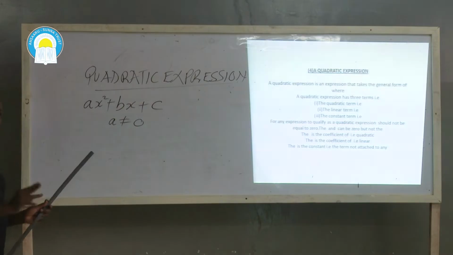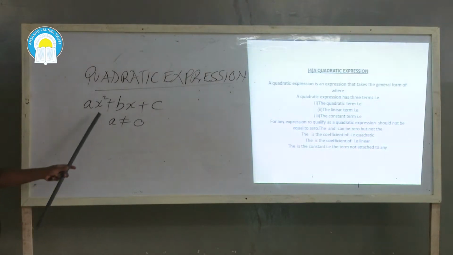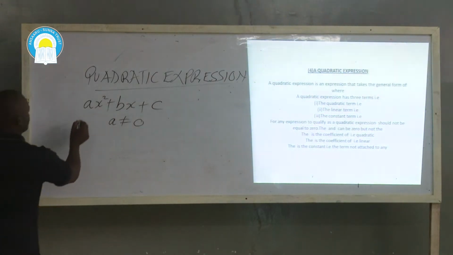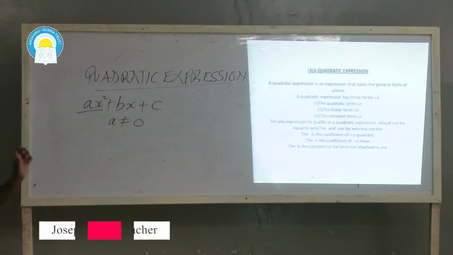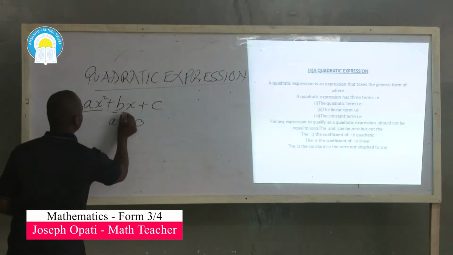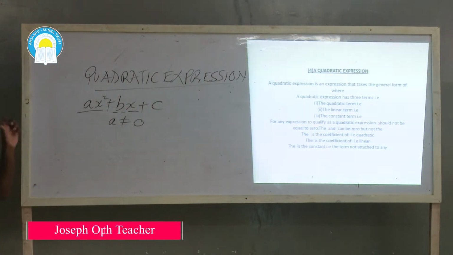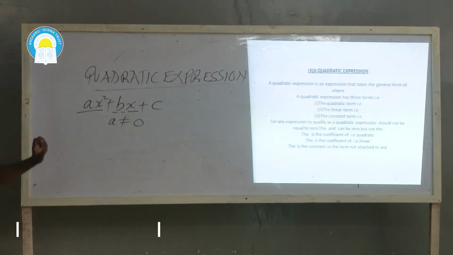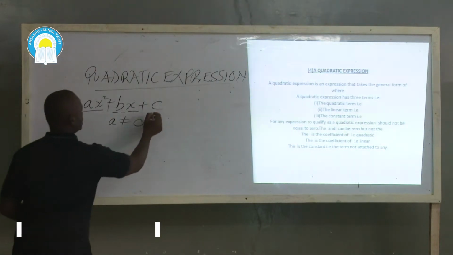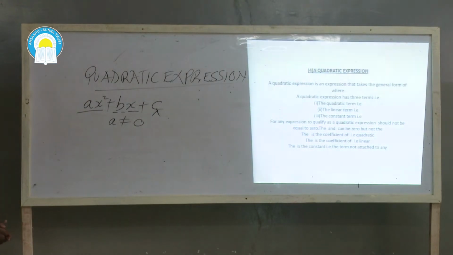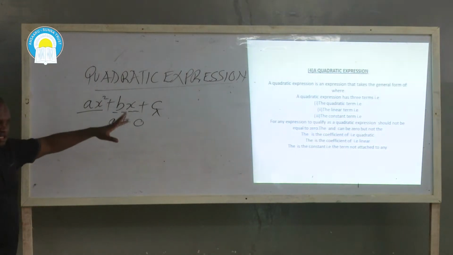So in general, a quadratic expression has three terms: the quadratic term, which is the ax squared part, then the linear term, which is the bx part, then the constant, which is the c, the letter not attached to any x.